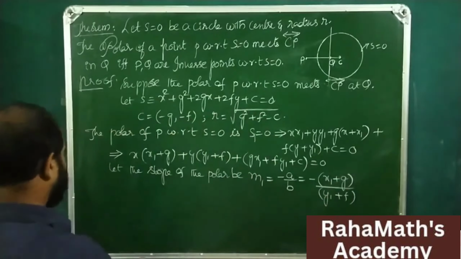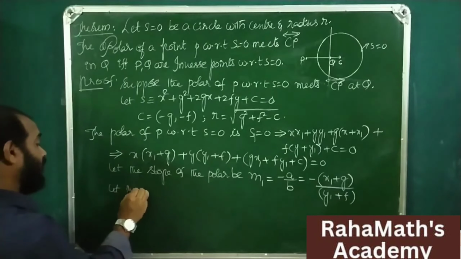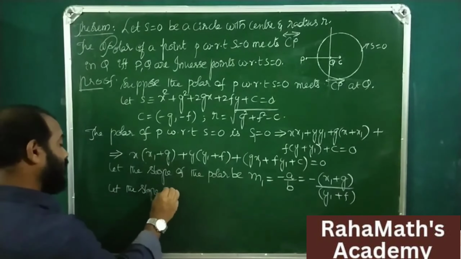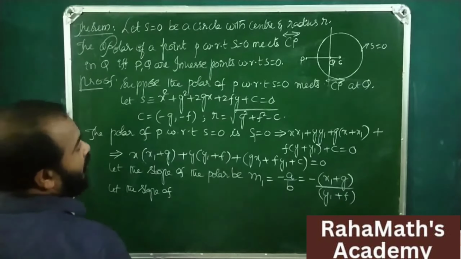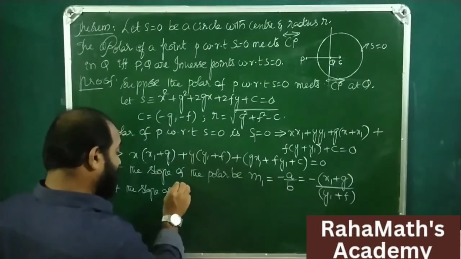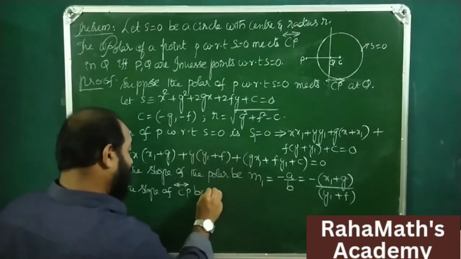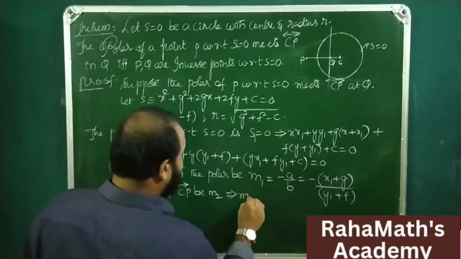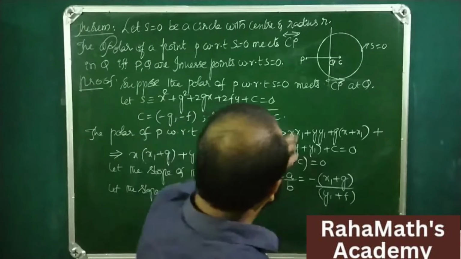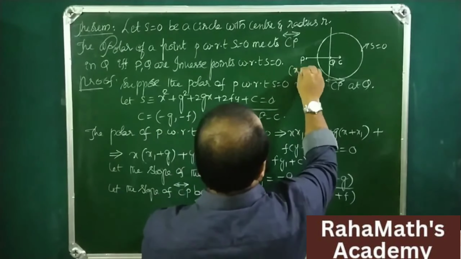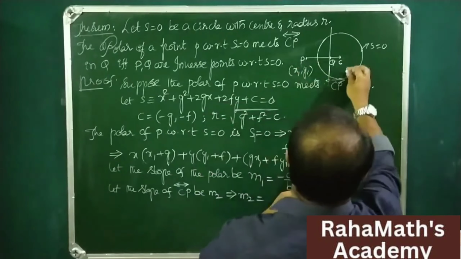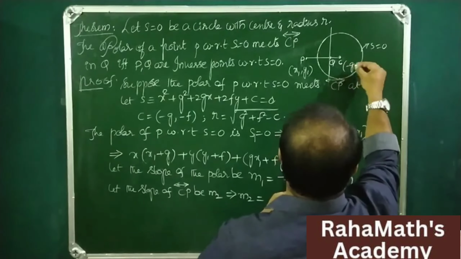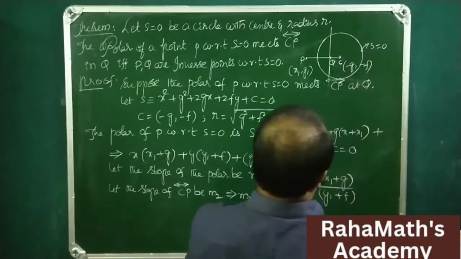And let the slope of CP be m2. So P is the point (x1, y1), and C is (-g, -f).